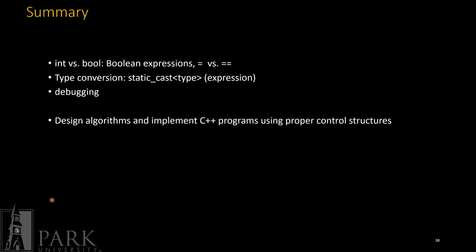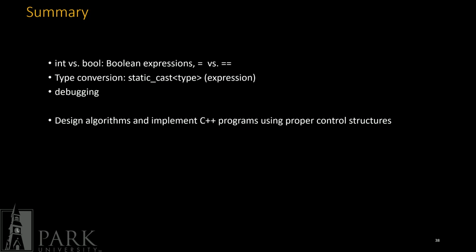So in summary, we talked about ints versus bools a little bit. We talked about how to compare Boolean expressions. We talked about the assignment versus the equality operator. And the book goes into much more detail. Again, these videos do not replace the need for you to read your book. They're just additional ways for you to process the knowledge that you're getting from the book.